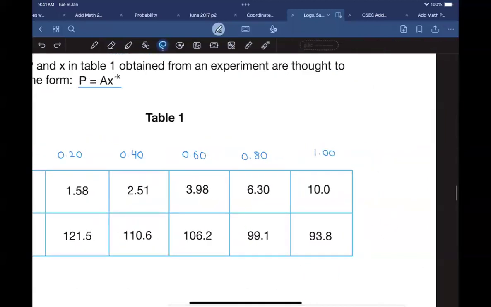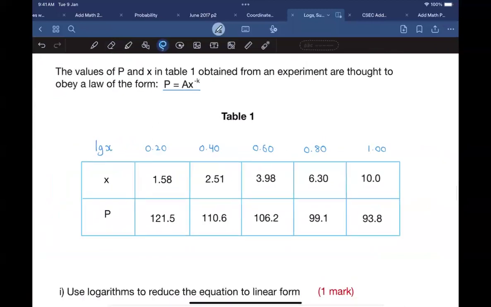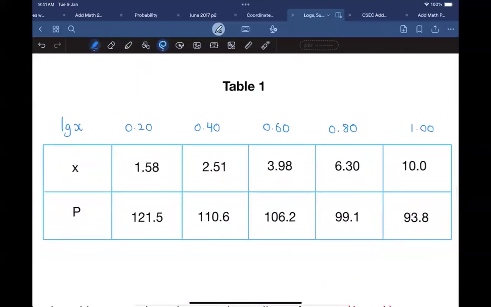Right, I need somebody to find log P for me now. The first one is 2.08.